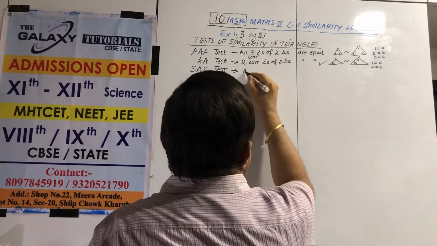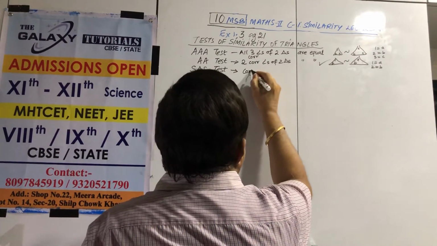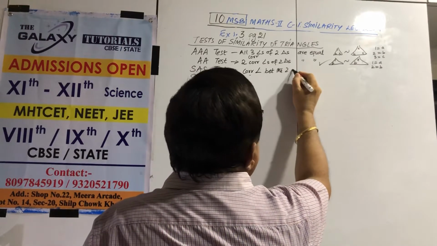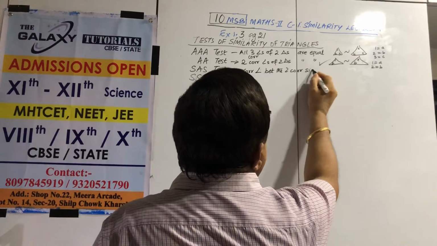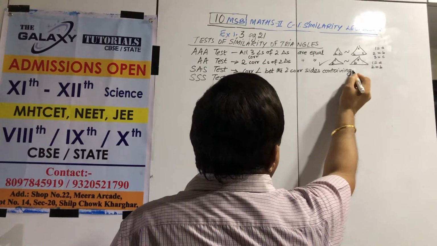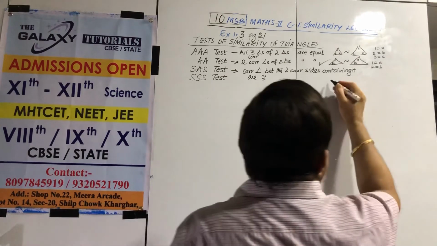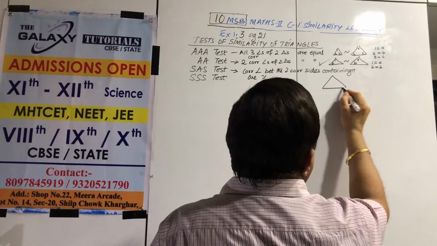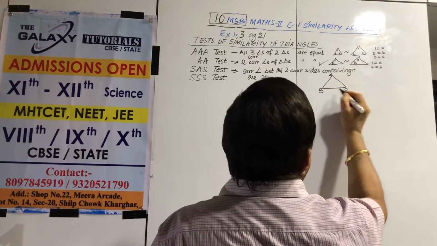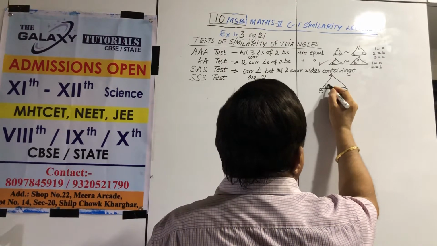SAS test: the angle between the two corresponding sides containing it are congruent. So this is a triangle, this is side A, B, C, and I am talking of angle, for example, theta.